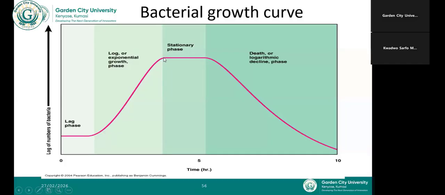You take some isolates and then put them on a new medium, and this is what's referred to as subculture, so that you don't come to this death or logarithmic decline phase. So you always sustain the growth of these organisms. But if it's in a batch culture where you don't change the media, these are the 4 phases that they will go through. So this is the bacterial growth curve.